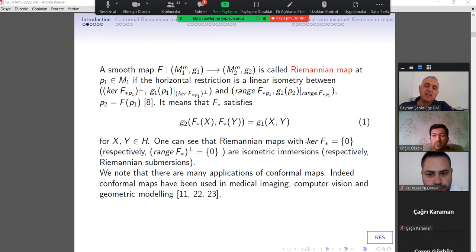If the kernel of F star is zero, then you have an isometric immersion. If the range of F star perpendicular is zero, then you have a Riemannian submersion. So this map is a generalization of both isometric immersion and Riemannian submersion.